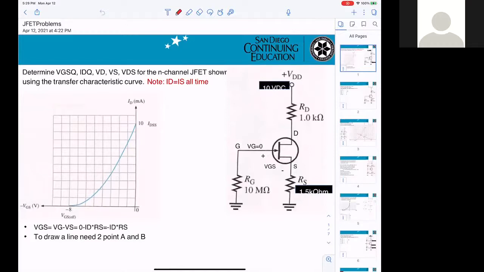Then you draw a line from 0, 0 through that point. That's the line that intersects the transfer curve.